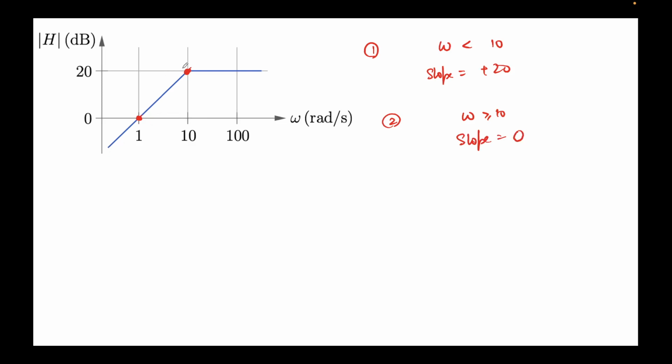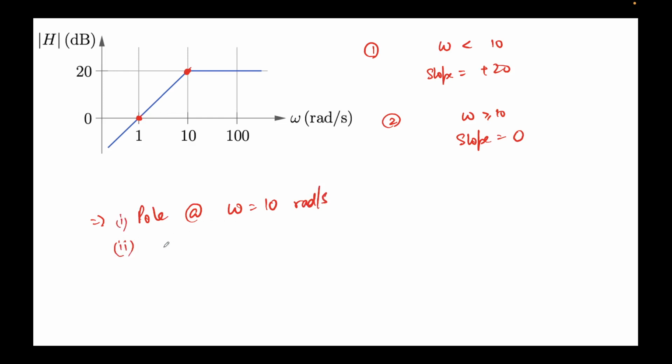So if you already have a positive slope and you introduce a negative slope, the total slope will become 0. We just saw that in the last problem. So using this information, there is a pole at omega equal to 10 radians per second. This is the first piece of information that I can obtain.